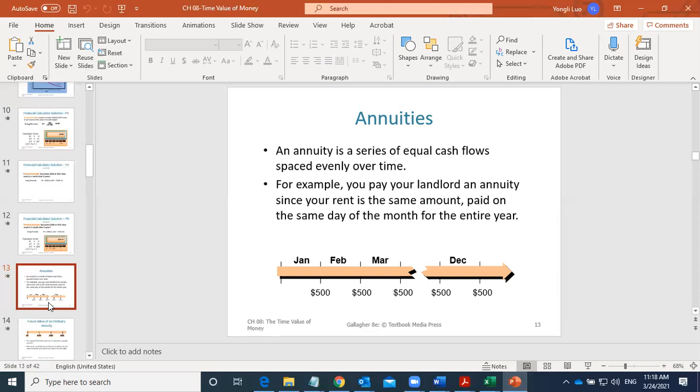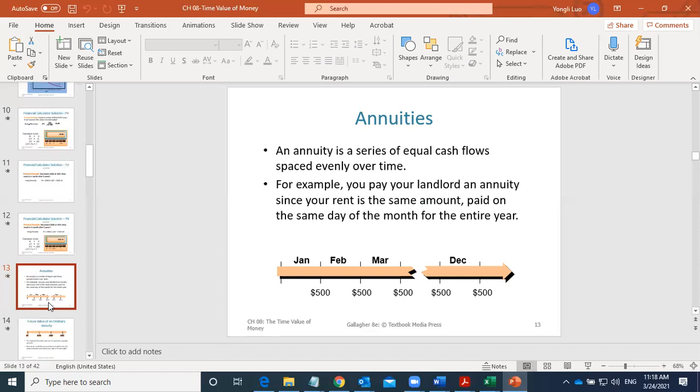Some students ask me, if you pay your tuition this semester 5,000, next semester 6,000, right? Equal time interval, but the amount is different. That's not an annuity. Or you pay tuition this year, but you don't pay next year, you pay the year after.